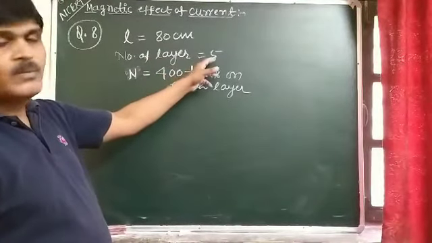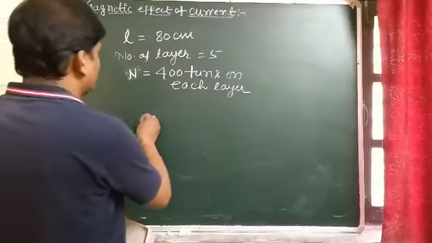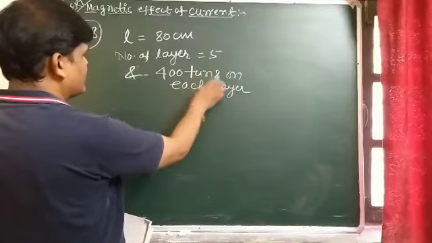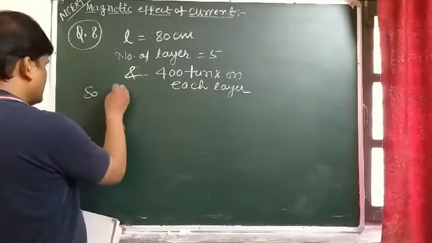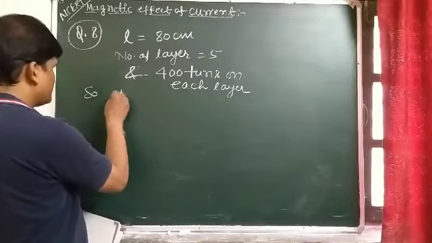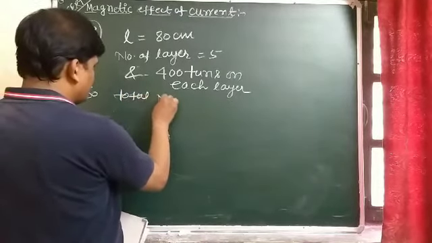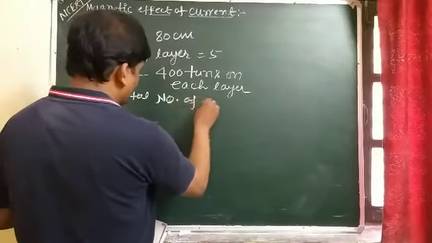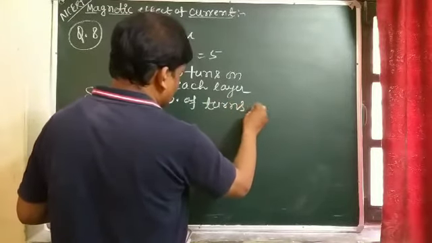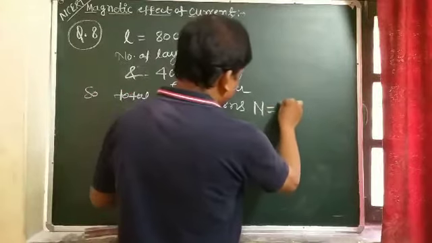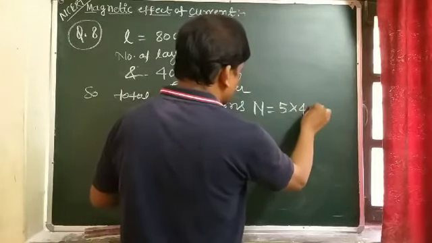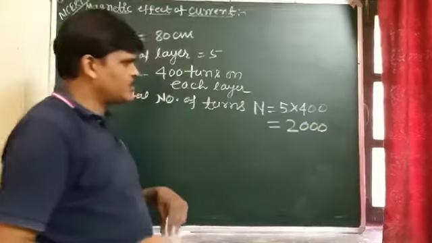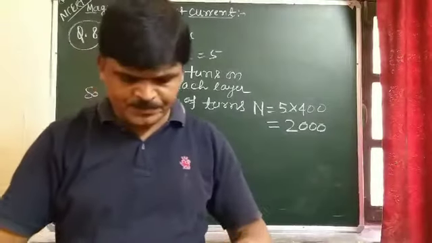There will be 5 layers, so the total number of turns is 5 into 400, that is 2000. So there will be 2000 turns on 5 layers.